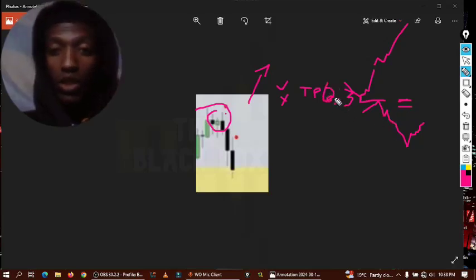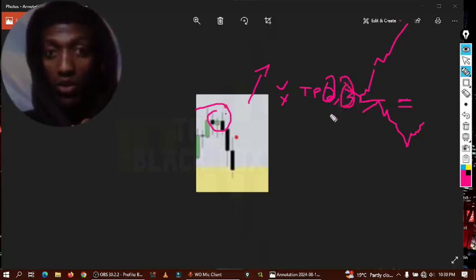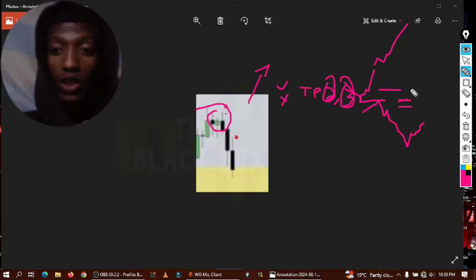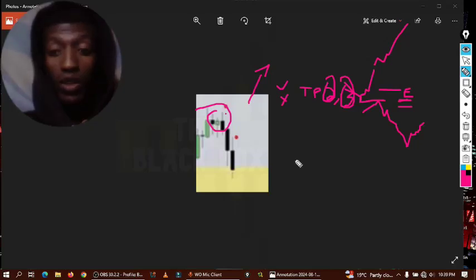You took partial at TP2, then partials at TP3, and the rest will be left alone, but you drag your stop loss to your entry level so that you don't get chipped away when the price returns.